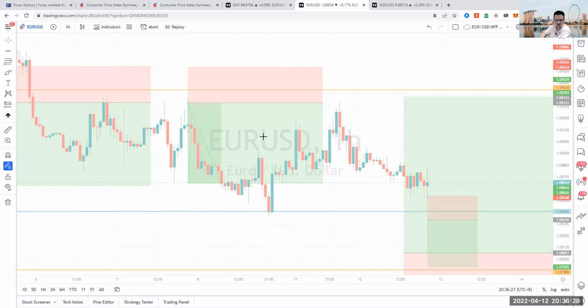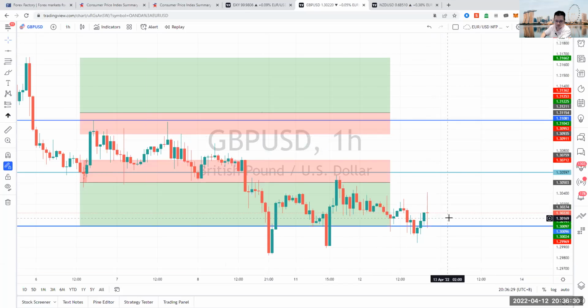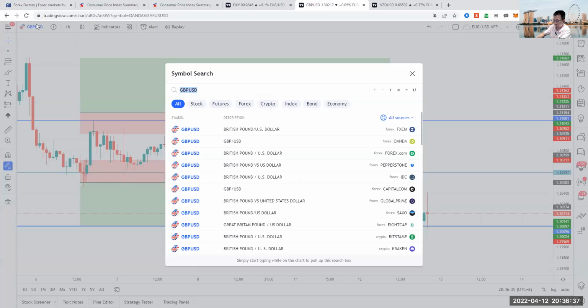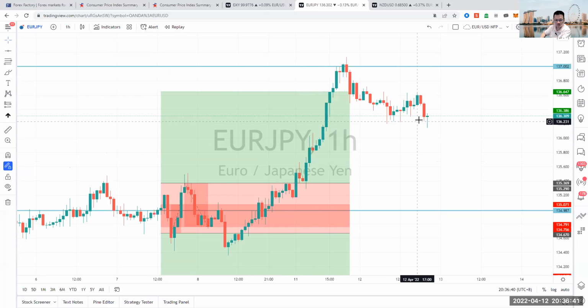Pound dollar, well, that's why I told you to totally ignore the pound dollar. It's just sitting right there. Don't do anything with it. Euro yen, not breaking lower, still sitting at that point.